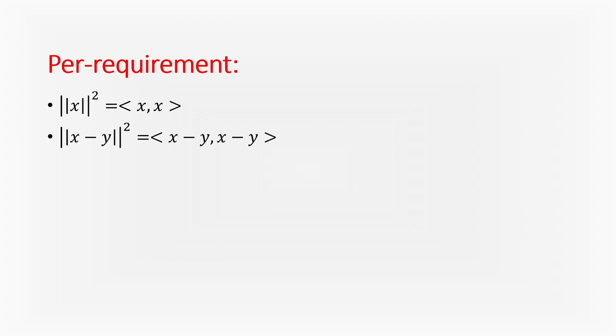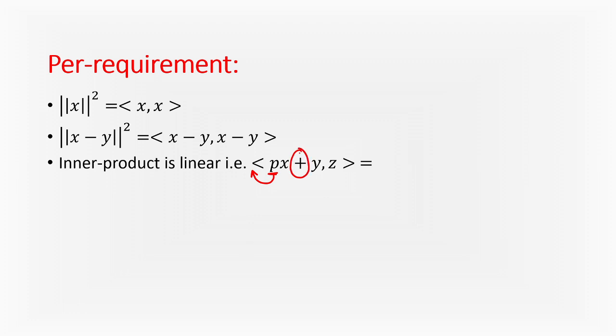Apart from it, I will need some properties of the dot product. For example, this dot product or inner product is linear. What do we mean by linear? By linear, we mean that if there is a constant, over here I take p as a constant, this constant can be taken out. Apart from it, the inner product can be distributed over addition or subtraction.